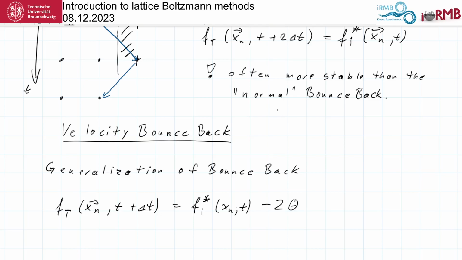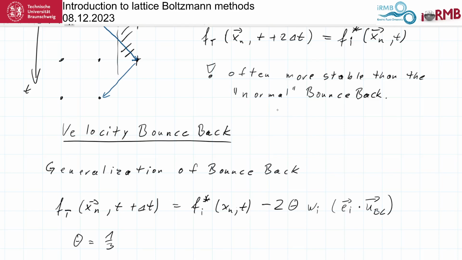There is this 1/3 theta, and there is the weight of the link we are talking about, and then there's the velocity component of that particular link. So the link is i, the directional vector is not necessarily a unit vector, but the vector of the link is e_i times the velocity, a scalar product, and this is weighted by the w.